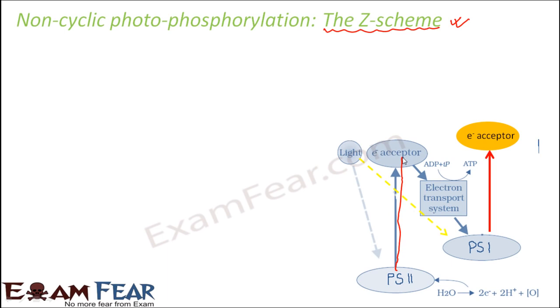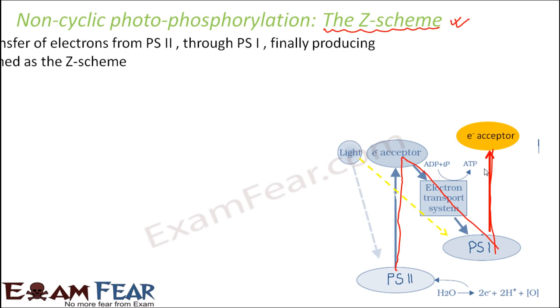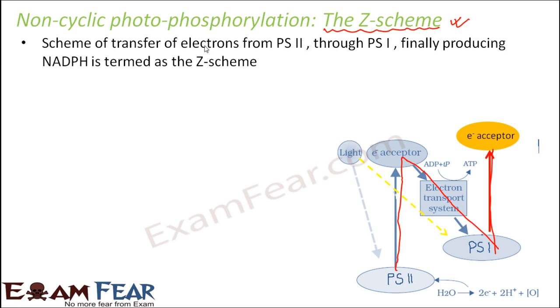Now, if you look at the path which the electron follows, it takes the shape of a Z, right? If you look at it from the other side, you will see it in the shape of a Z, and that is why it is known as the Z scheme. So the scheme of transfer of electrons from PS2 through PS1, finally producing NADPH, is known as the Z scheme.